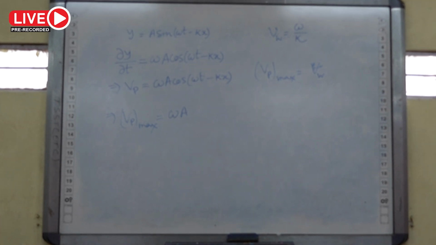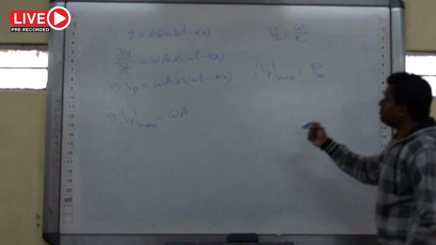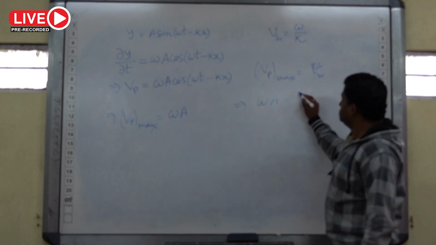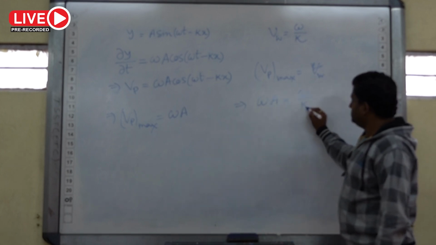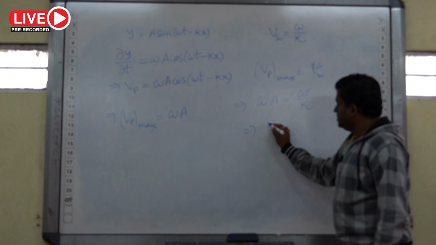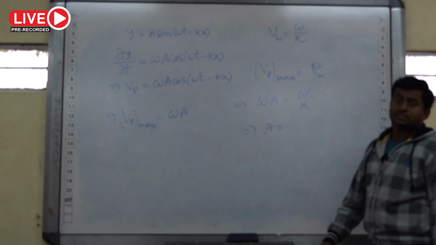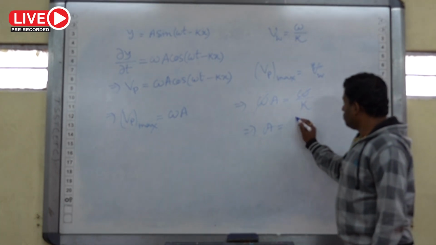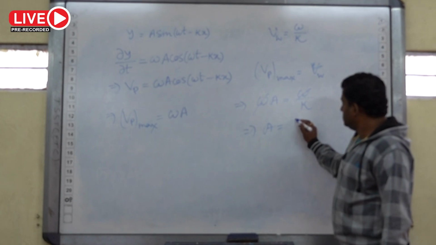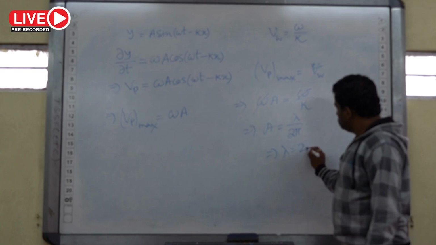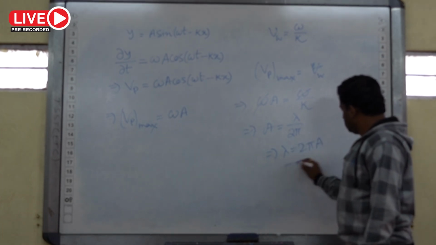So now put omega A equal to omega by k. Omega cancels. K means 2 pi by lambda. So A equals lambda by 2 pi. So lambda equals 2 pi capital A. That is the answer.